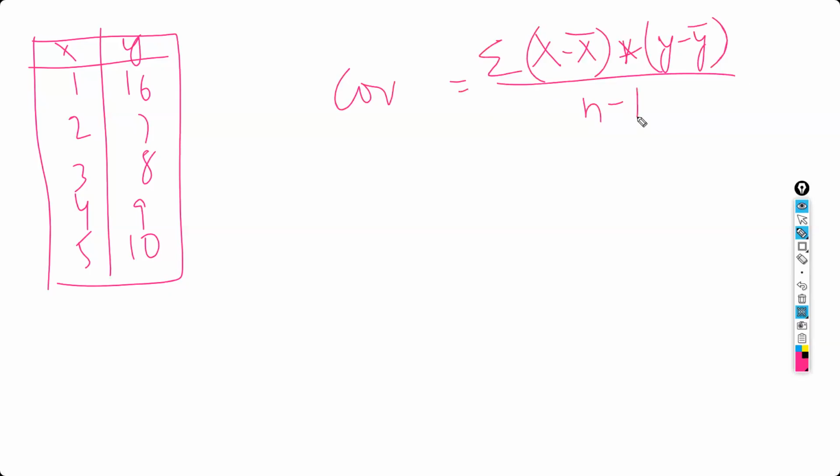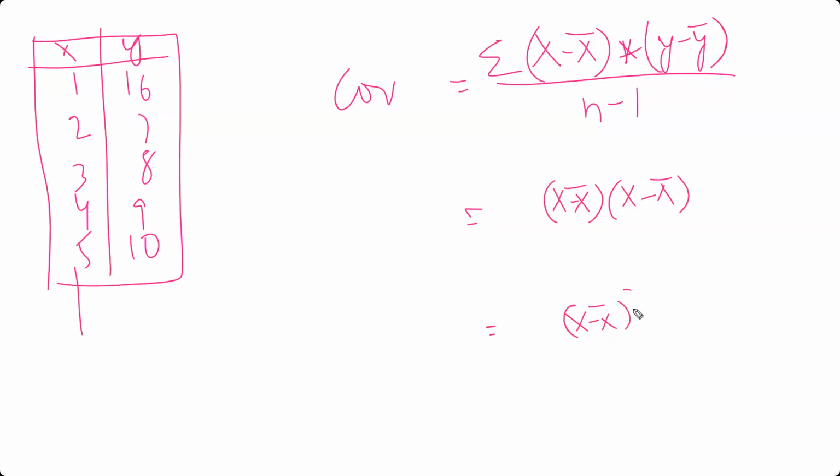The sample covariance is given by the formula sigma of (x minus x bar) into (y minus y bar), divided by n minus 1. Now, if I take only the x column two times, first I take x minus x bar, and again multiply with x minus x bar. That is nothing but sigma of (x minus x bar) whole squared, divided by n minus 1. What is this called? It is called the variance of x.